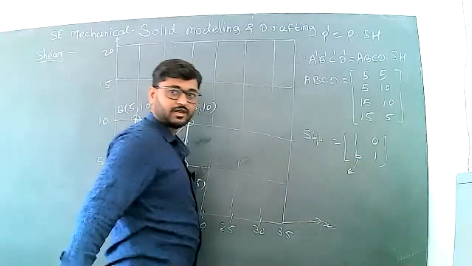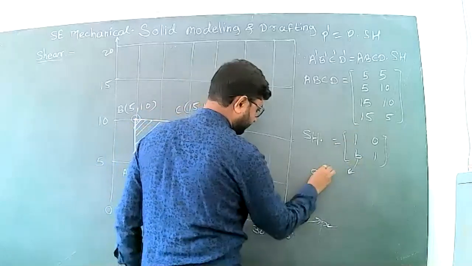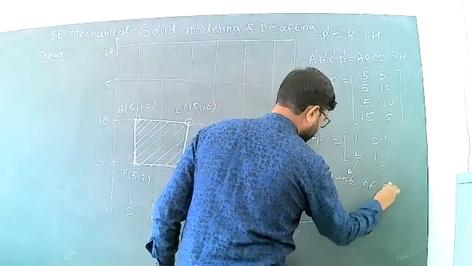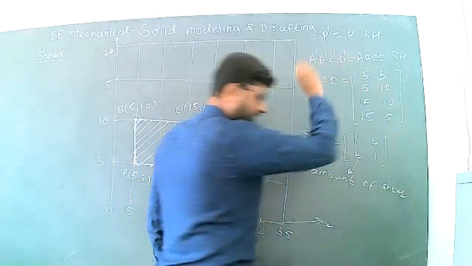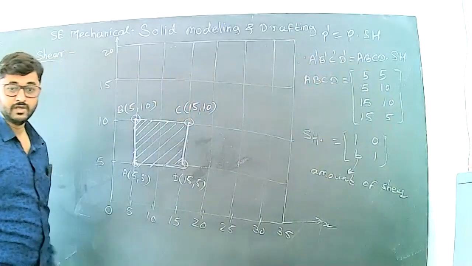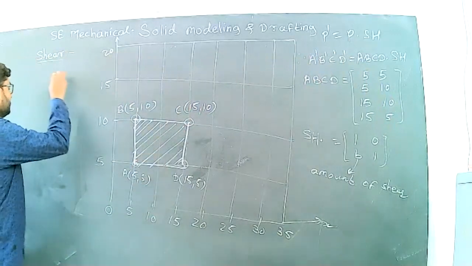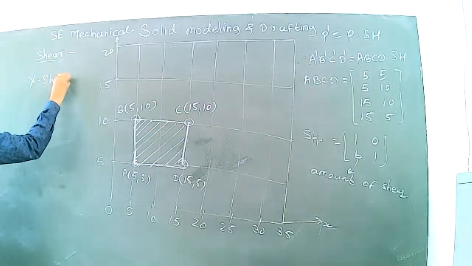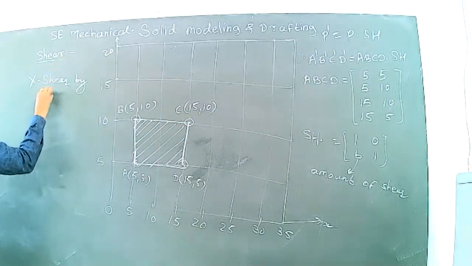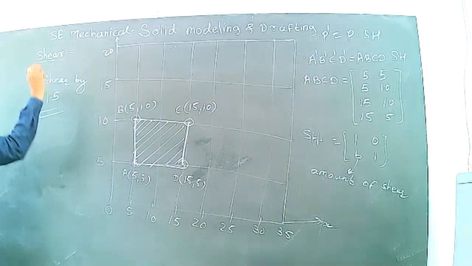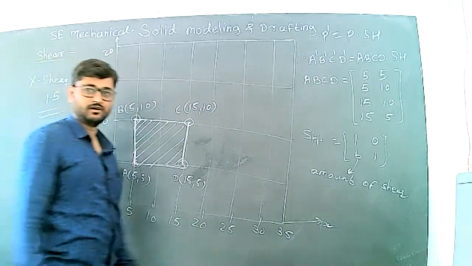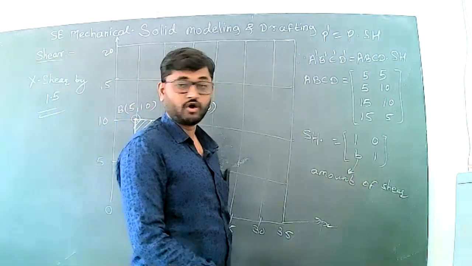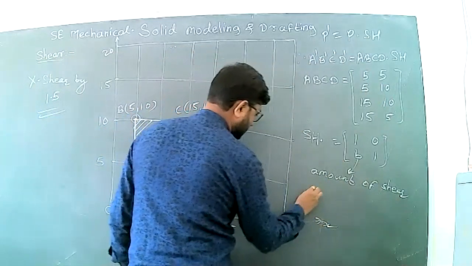This B is nothing but the amount of shear. Here we consider x shear by 1.5, so the amount of shear is 1.5.